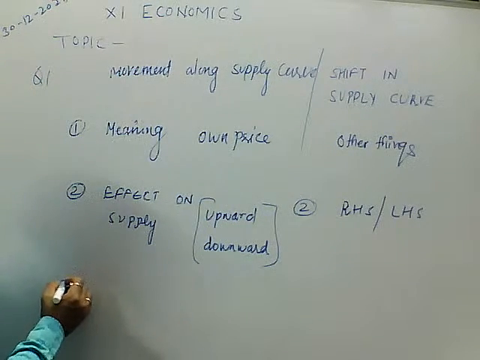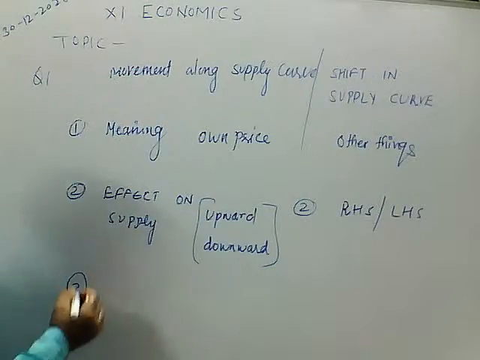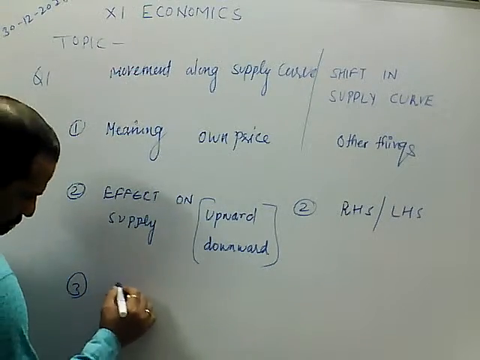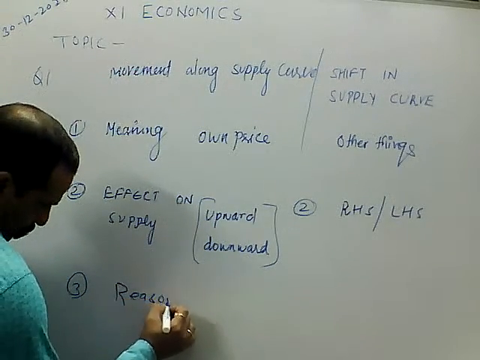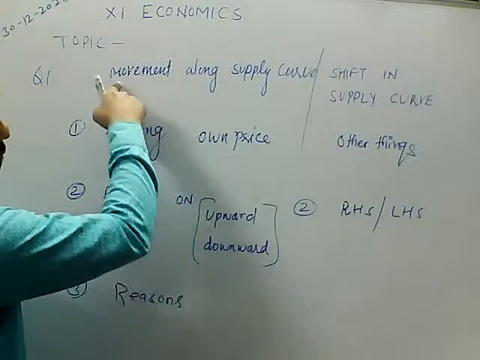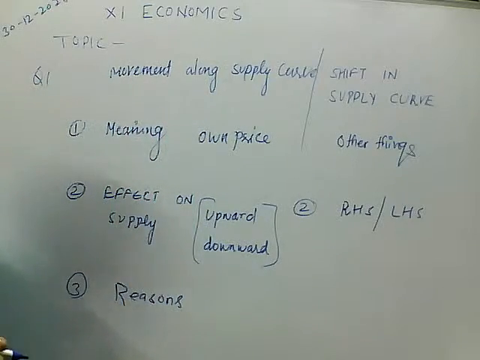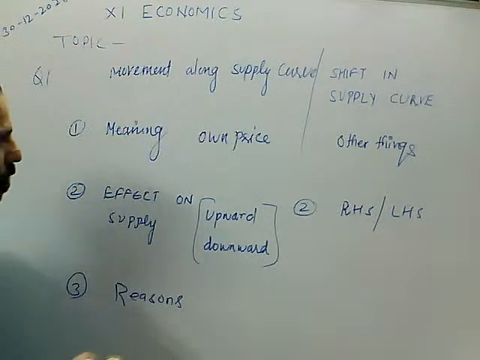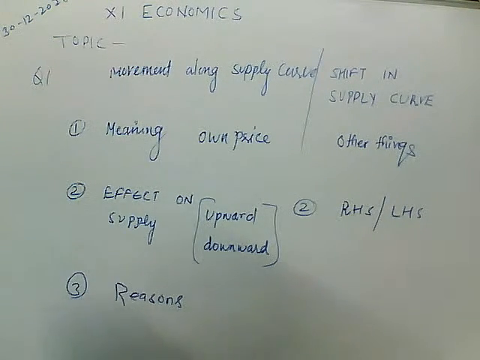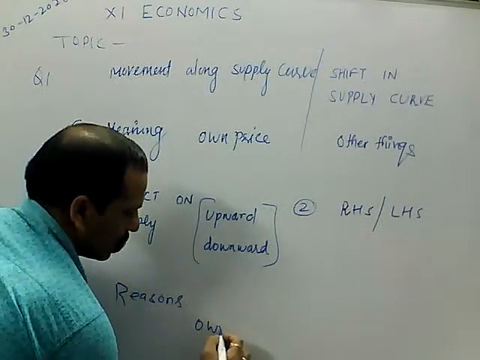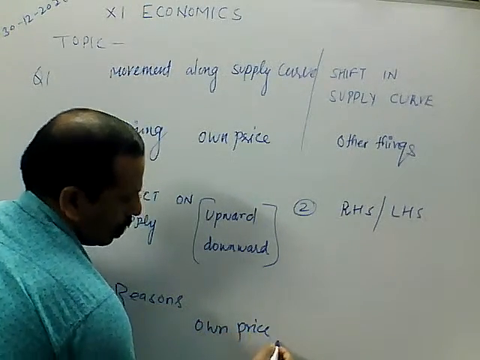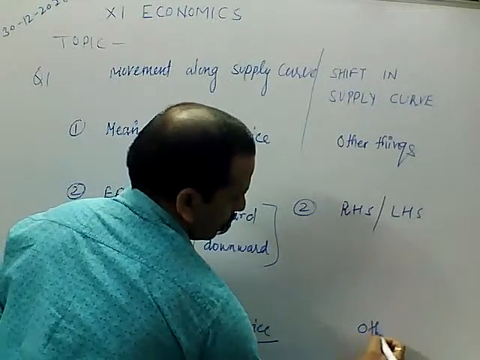Now third, the reason. What would be the reason for the movement along supply curve and shift in the supply curve? Here it is the price of the commodity, and here other things.